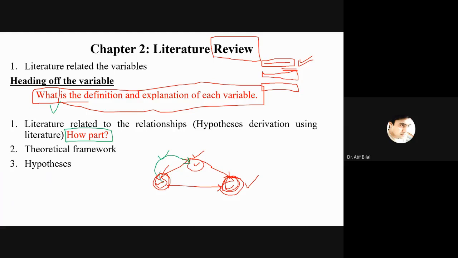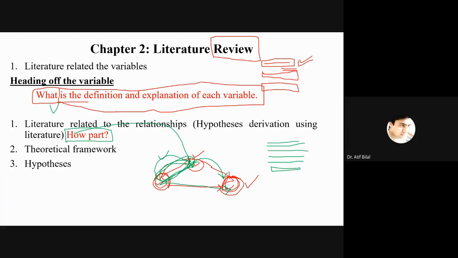of how this variable is related to this variable, and this variable is related to this variable, and then how this variable is related to this variable. So the moment you are going to give previous literature related to any two variables, you are going to write a few lines, maybe one or two paragraphs, about how these two variables are related in the previous research, and then at the end you will be giving your hypothesis as an educated guess.